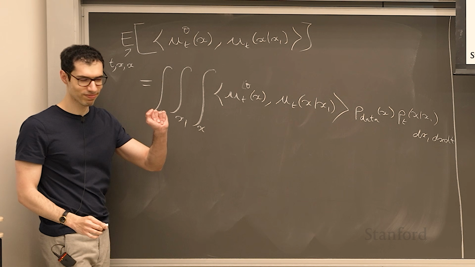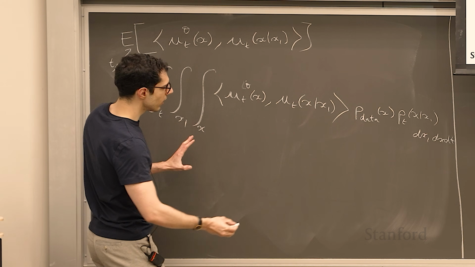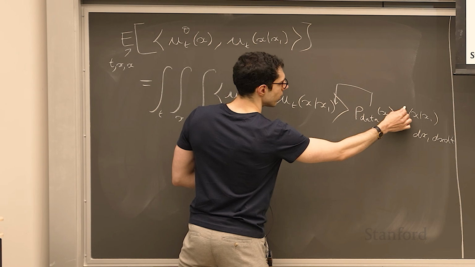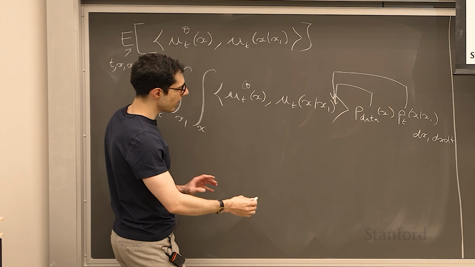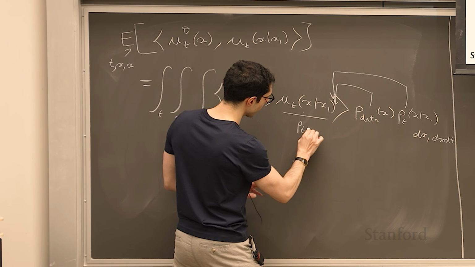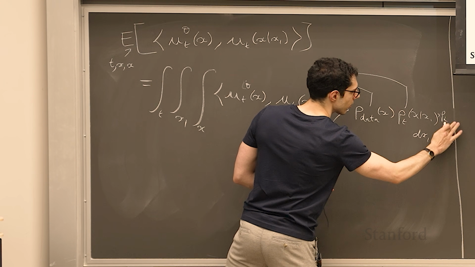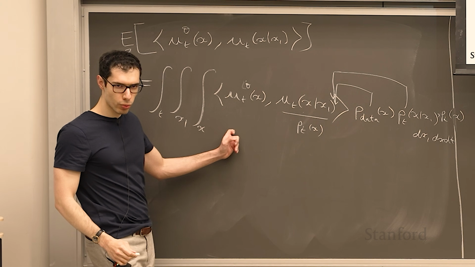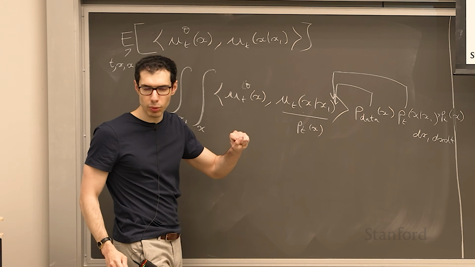So far so good? So here what we notice is that if we put this quantity here, and if I divide by p_t of x and I do times p_t of x, then what I'm going to recognize is the marginal vector field that we have constructed.